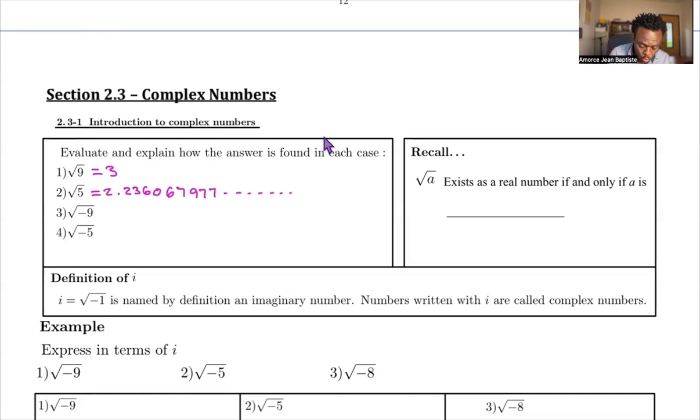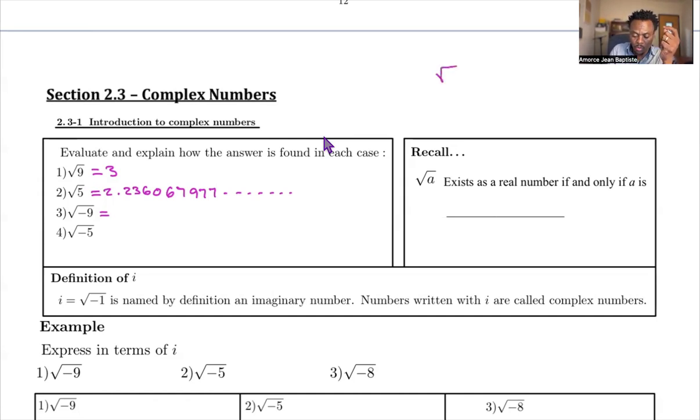Now, what happens when you have the square root of a negative number? Remember when we were looking for the square root of 9, we were looking for another number that, when you multiply it by itself, like 3 times 3, gives 9.